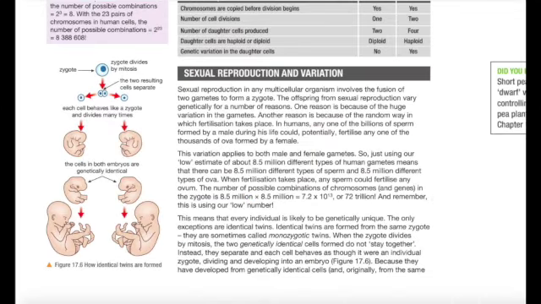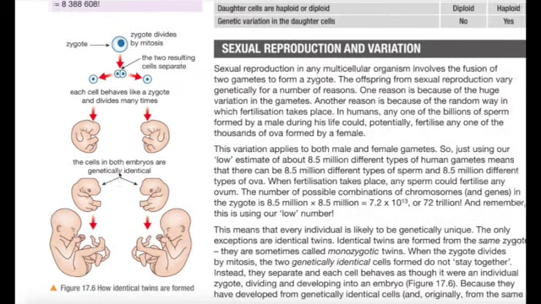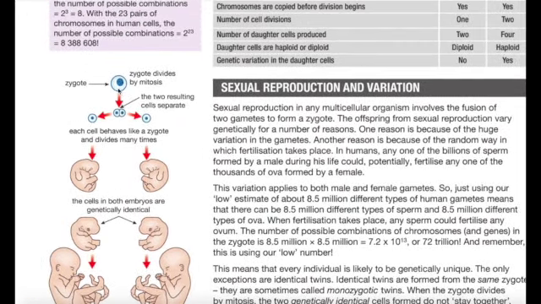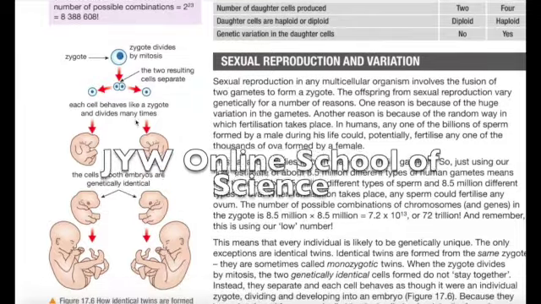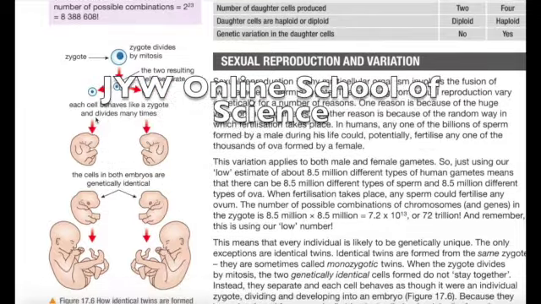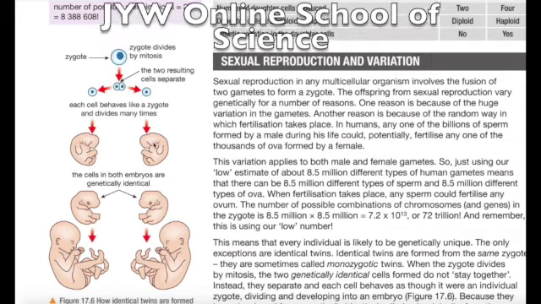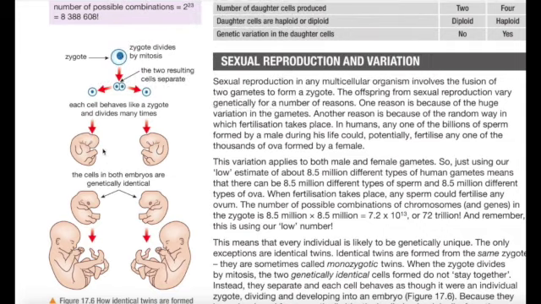This diagram shows you how identical twins are formed. From here, you can see that when an egg is fertilized, it's called a zygote. A zygote is a fertilized egg. So when this egg is divided into 2 separate cells, those 2 separate cells act just like a zygote, and they start to divide and form an embryo.